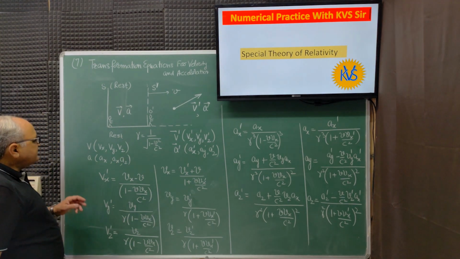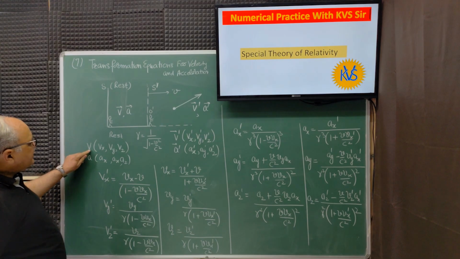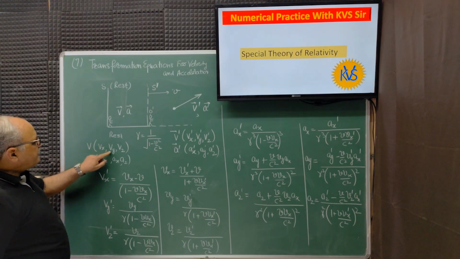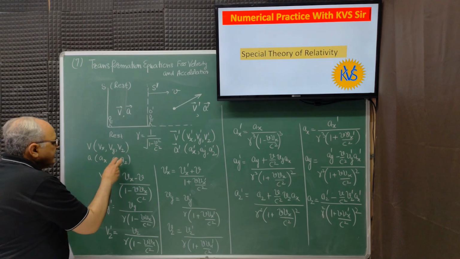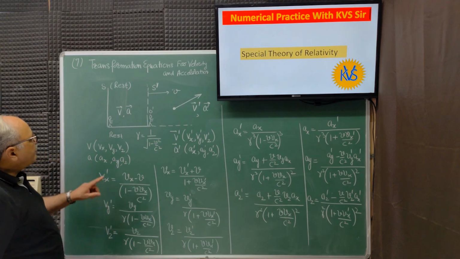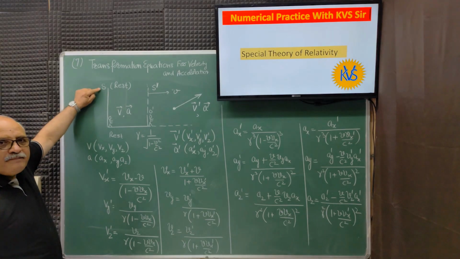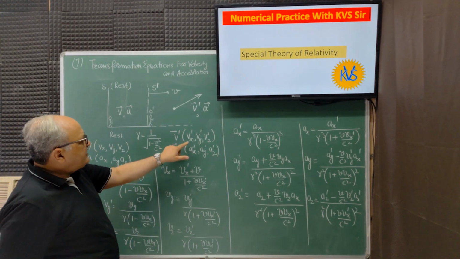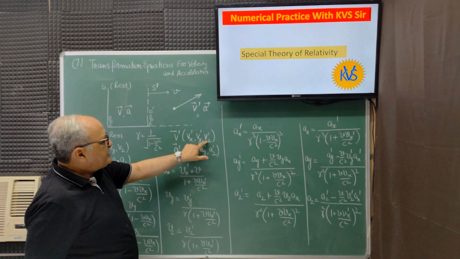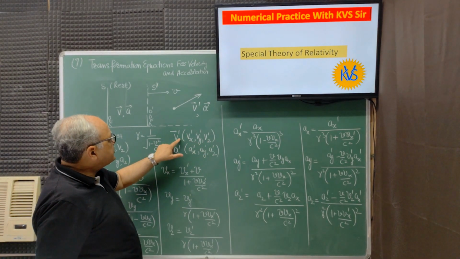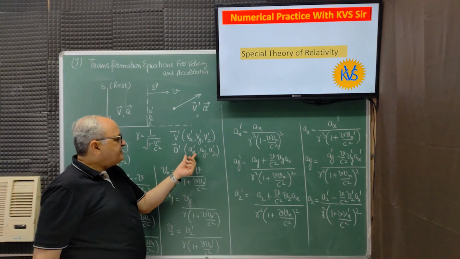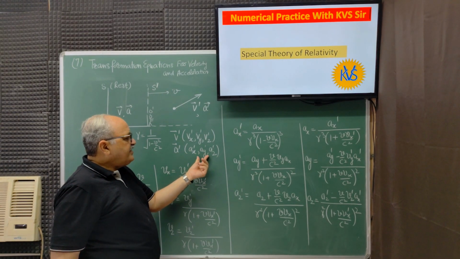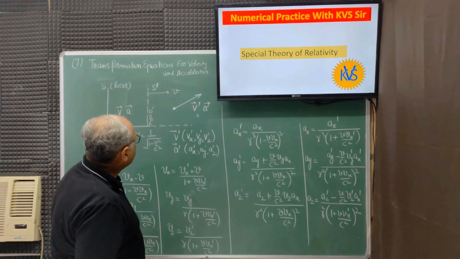You can say like this, the velocity has the coordinates vx, vy, vz, acceleration as ax, ay, az for the observer of S frame, and similarly vx dash, vy dash, vz dash are the coordinates of the velocity observed from the S dash frame, and the acceleration coordinates are ax dash, ay dash, az dash.